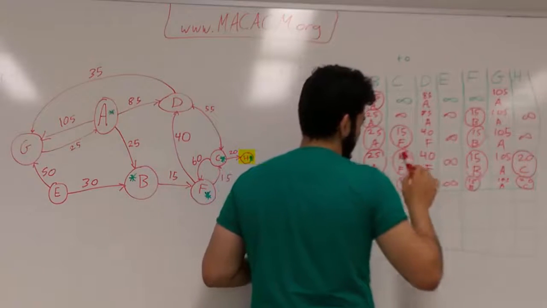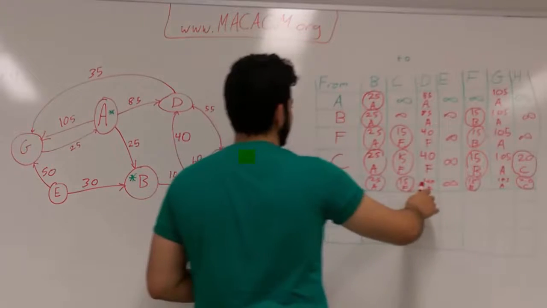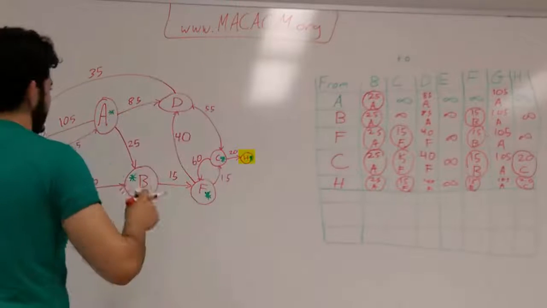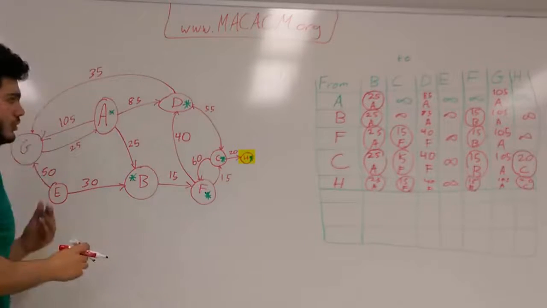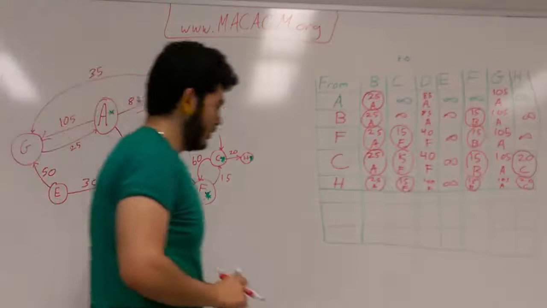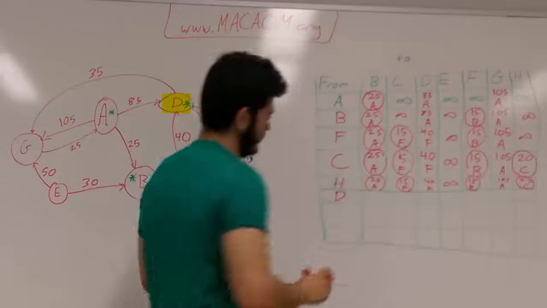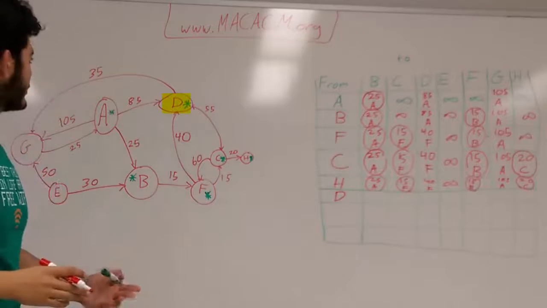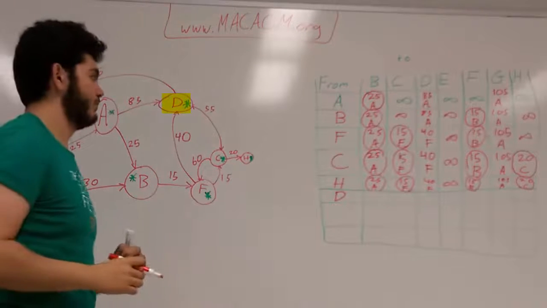So the lowest cost right now is 40 from F. That would take me to D. So currently I'll visit D and try to discover new paths to new nodes. Since we are currently in D, we want to discover new paths that would cost us less to get to other nodes.